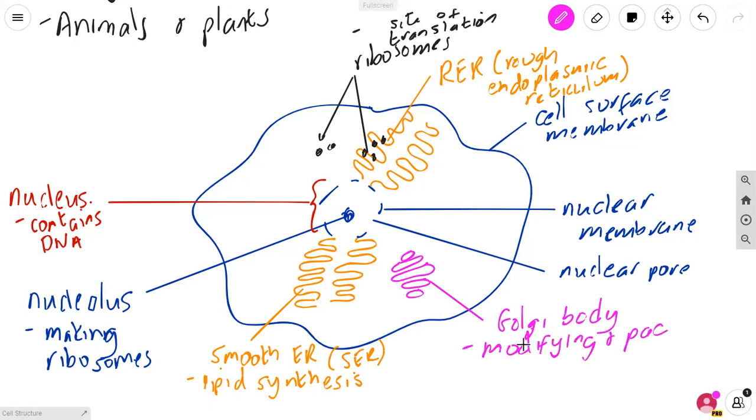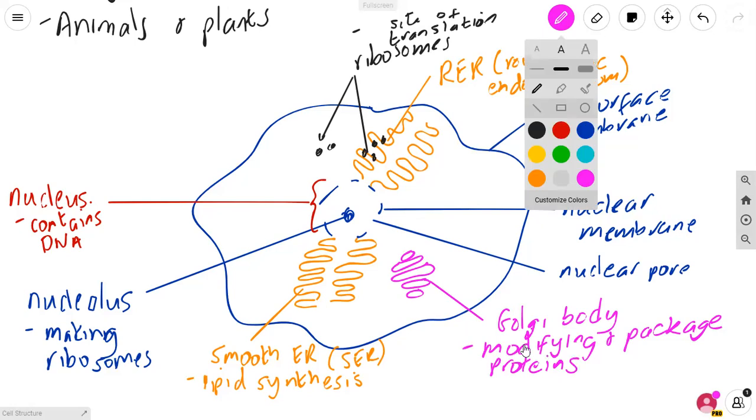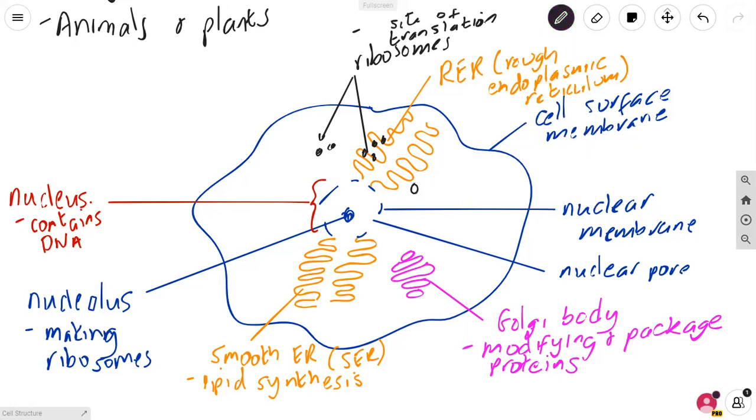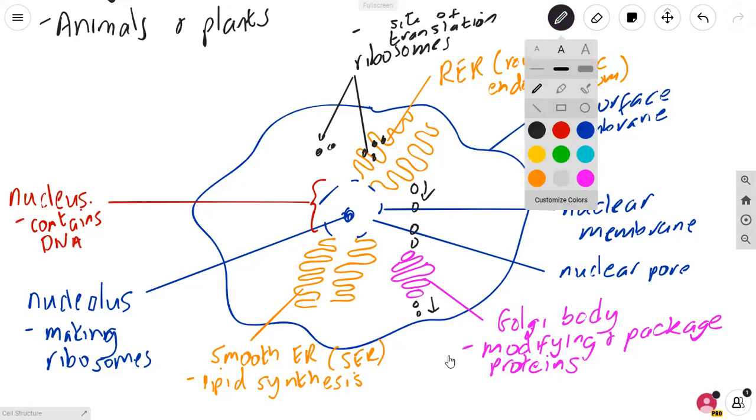So proteins will come from the RER in little vesicles, which are little tiny envelope circles, and they'll be taken to the Golgi body, like so, and the Golgi body will then modify the proteins and package them again into little vesicles to be taken out of the cell. So it's part of the whole protein synthesis function of the cell.